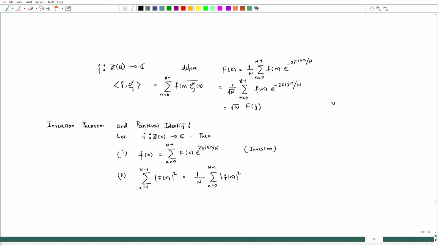Okay. So, this is nothing but the Parseval identity. So, we can collect all the observations that we have observed over here. So, now the proof.